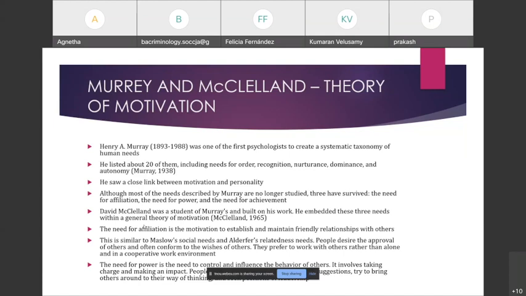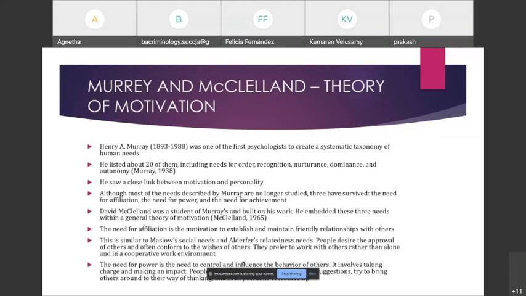Okay, so motives, pressures, needs, nutrition, recognition, all this is what he said were the 20 different needs which are there for each and every human being. Okay, and he also said that there is a very, very close link between motivation and a person's personality. So a person's personality also may change based on their motivation.